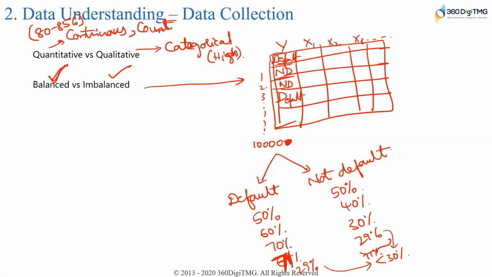Okay. Why do you need to look into that? Two things. One, if you have an imbalanced data set, then your standard random sampling does not help at all.